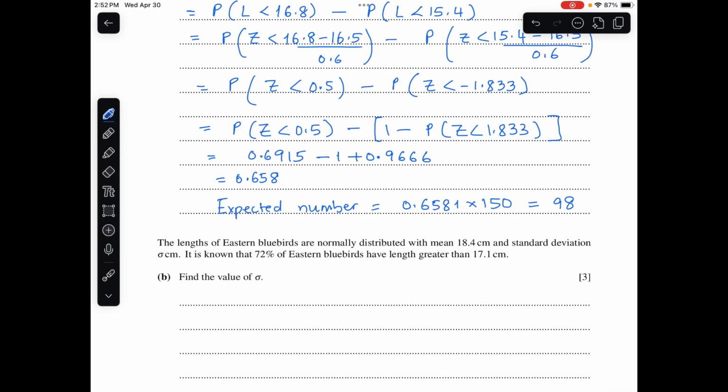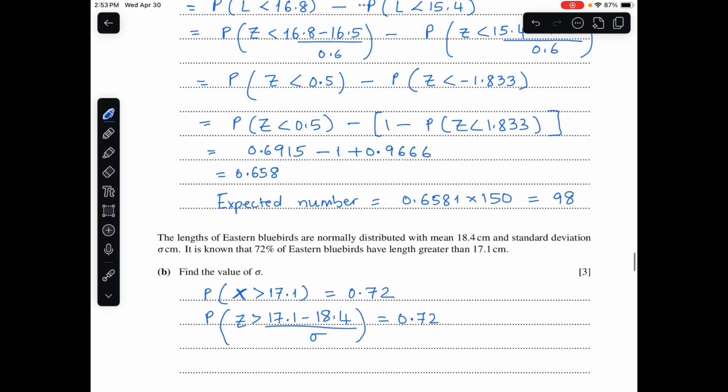So we have been given that the probability of x greater than 17.1, I'm using x, you could have used L as well, is 0.72. So we need to calculate the z-score in this case. It's going to be 17.1 minus the mean divided by the standard deviation, which is missing in this case. All that is equal to 0.72.